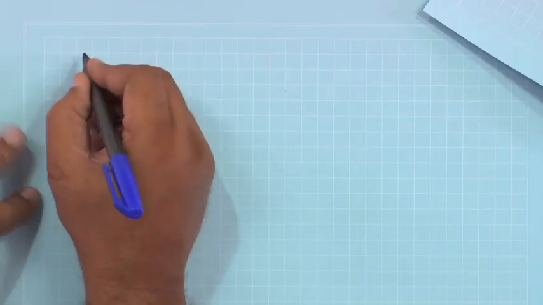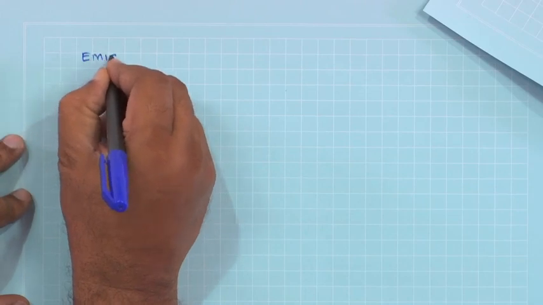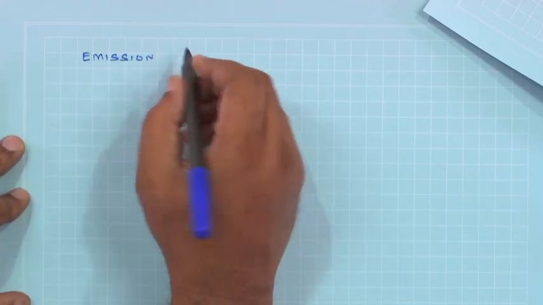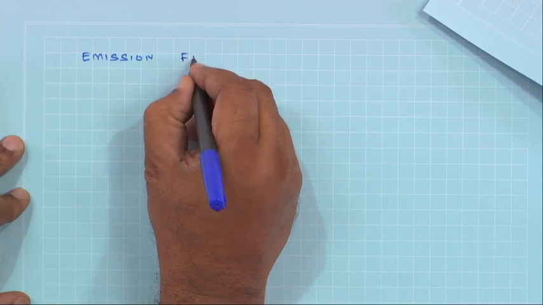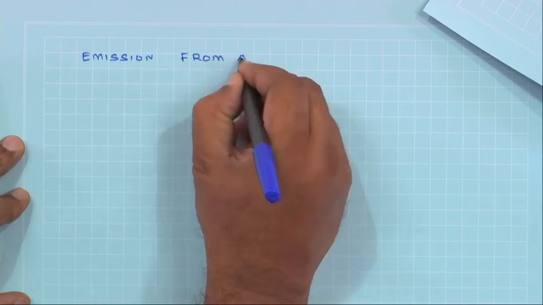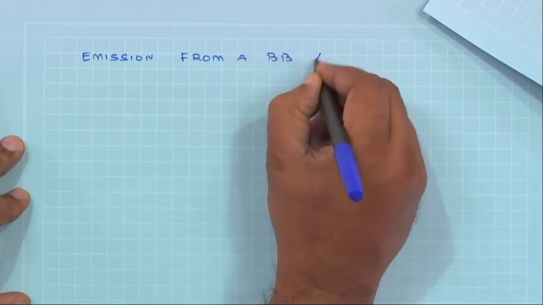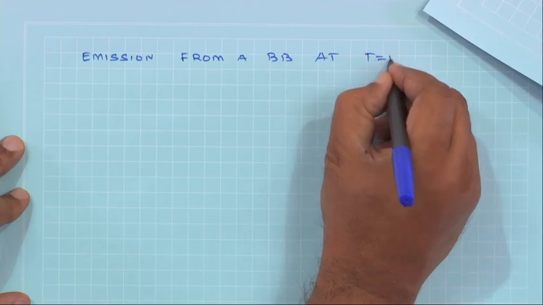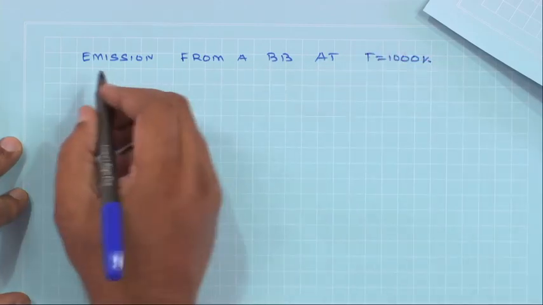So, what the problem says is that the emission is from a surface, from a Blackbody at T equals 1000 Kelvin.